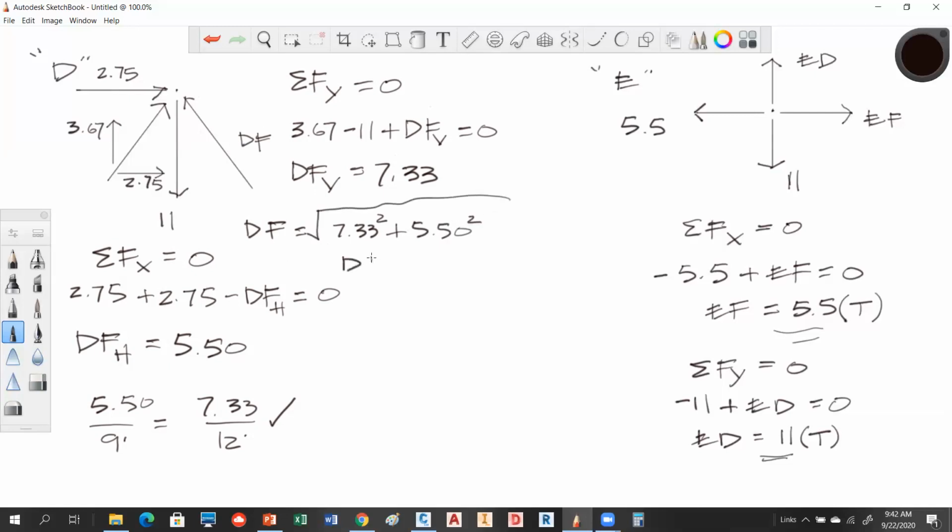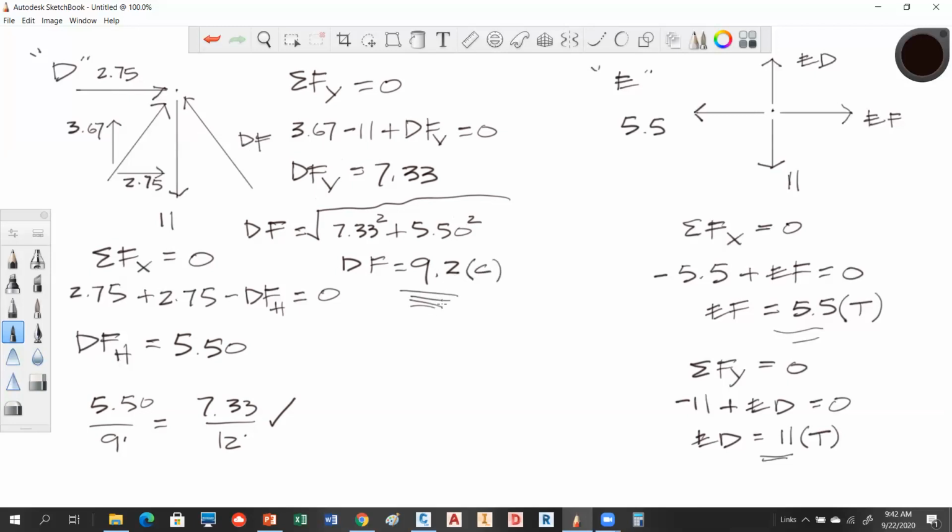And so DF will be equal to, let's see, the square root of 7.33 squared plus 5.5 squared. I came up with basically 9.2, and I can round these. So I'm going to call that 9.2. That would be kips, but more importantly, it's compression. Okay.